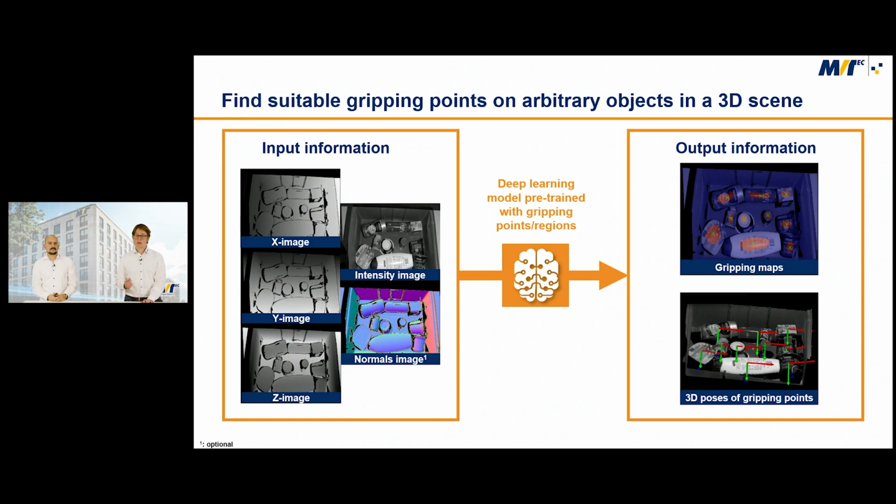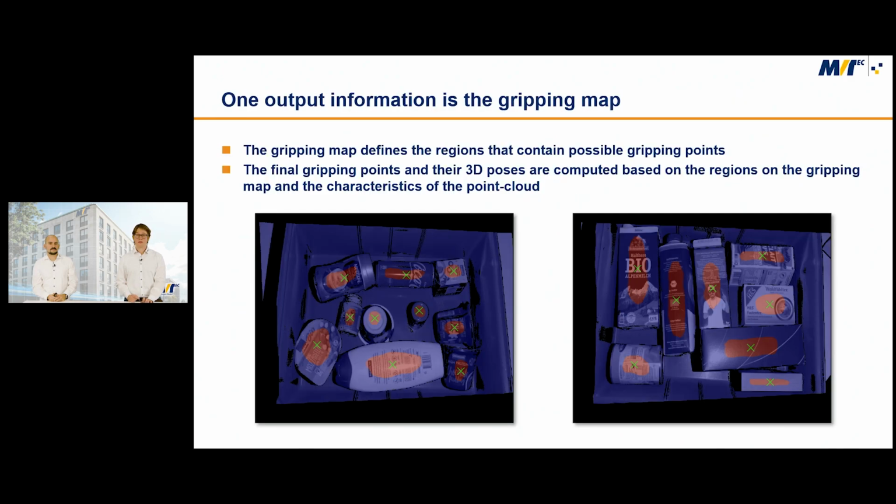Let's take a closer look at the outputs. Coming up, the gripping map. The gripping map is basically a binary image. Everything colored in red is a possible gripping point. Everything colored in blue, the 3D gripping point detection was not successful in extracting a suitable gripping point.